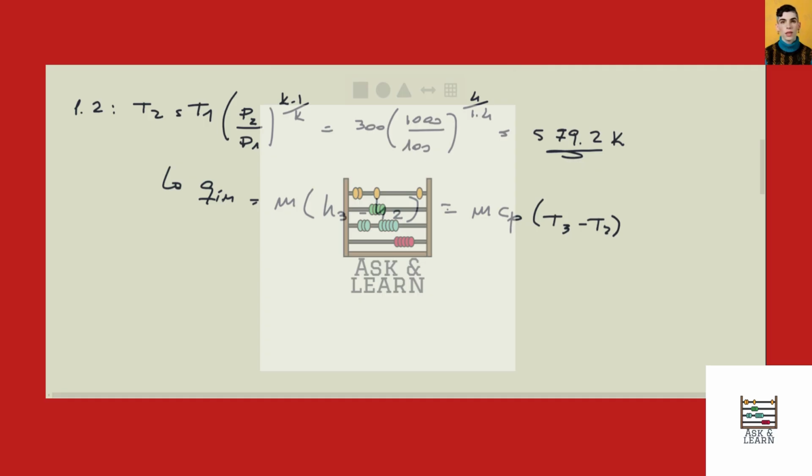We have that 416 kilojoules, which is the input heat, is equal to 0.5 times 1.005, which is the Cp, times (temperature 3 minus 579.2). And calculating this, we find that the temperature 3 is just 1407.1 Kelvin.